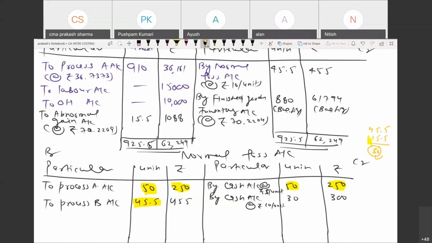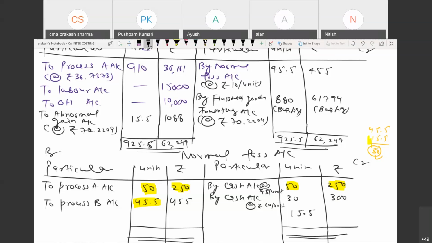Okay sir, I guess this point is clear. So what about the remaining 15.5 units? You ask me, sir, though this account is not yet tallied, there is a difference in both sides. These 15.5 units could not be scrapped. Why, sir? Because of abnormal gain.